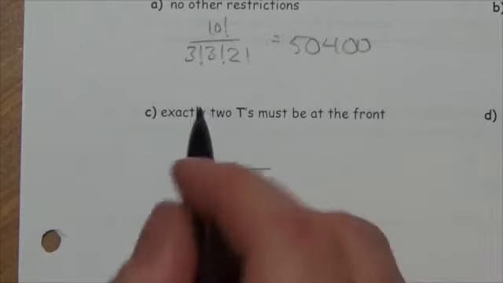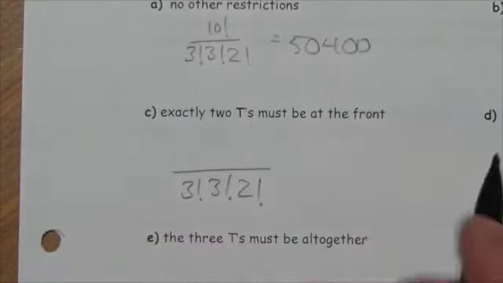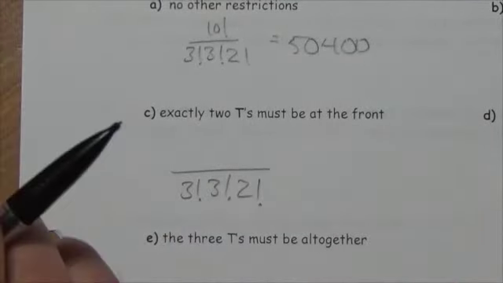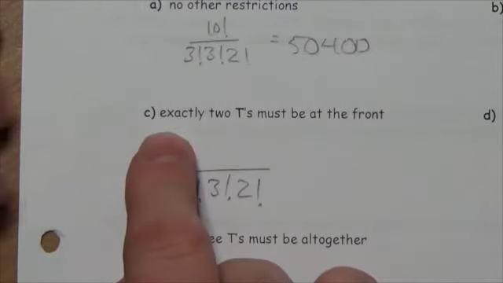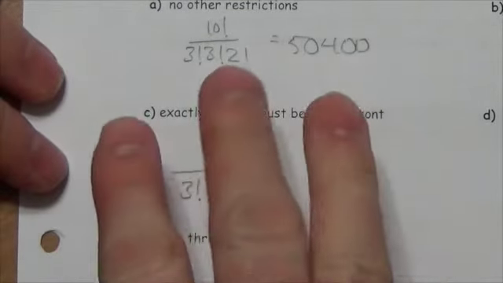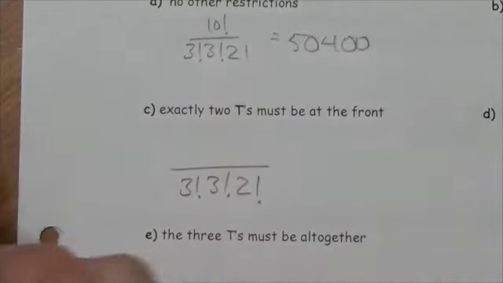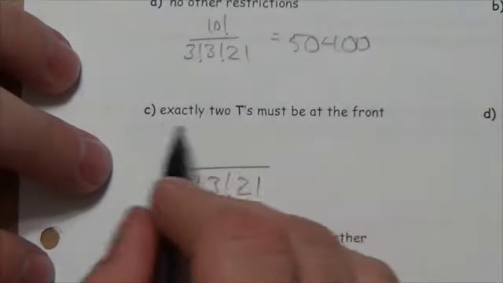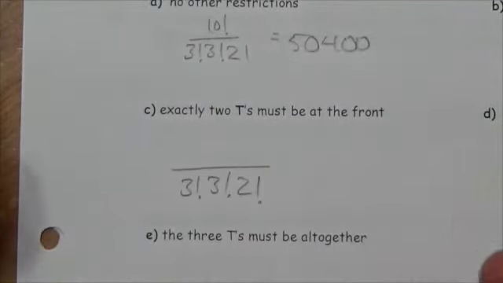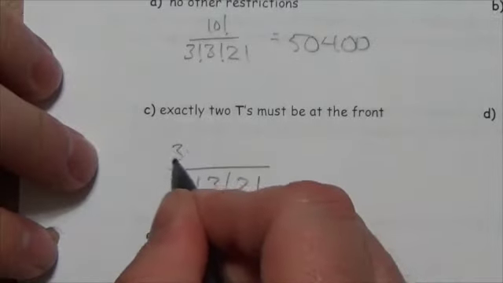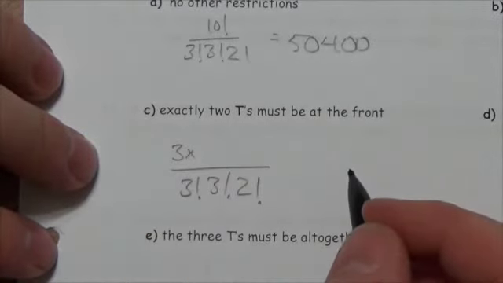Now, exactly 2 T's must be in the front. This is an interesting question because it's a restriction on 3 different positions. I know that if I'm going to start with exactly 2 T's, I know the first letter must be a T. Well, there are 3 T's to choose from. Boom, I'm good.